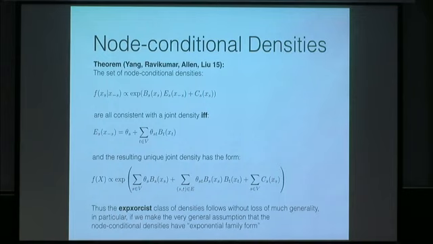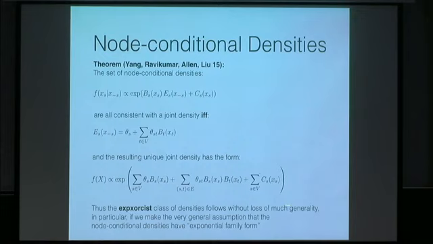node conditional densities independently? We have a theorem that says that these can be consistent with the joint density if and only if this function of the rest of the variables actually has this form. If it does not have this form, it will be inconsistent. If it has this form, then it will be consistent, and there will be a unique joint density of our Expxorcist form.